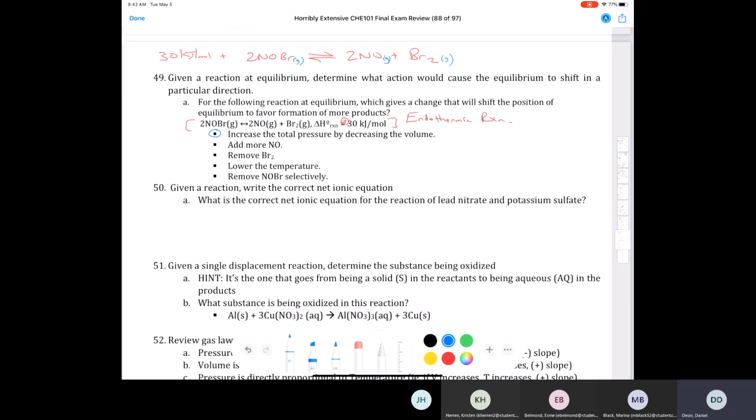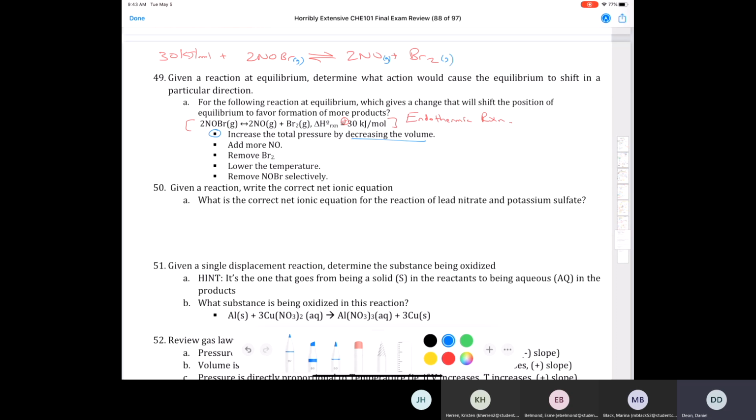What's going to happen if we decrease the volume is that it's going to shift to the side with the smallest number of moles of gas, because we know that 1 mole of an ideal gas at STP, at 0 degrees Celsius and 1 atmosphere, takes up 22.4 liters.